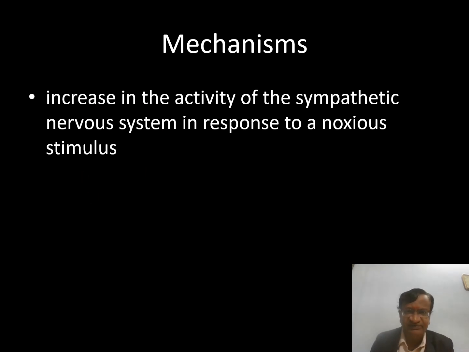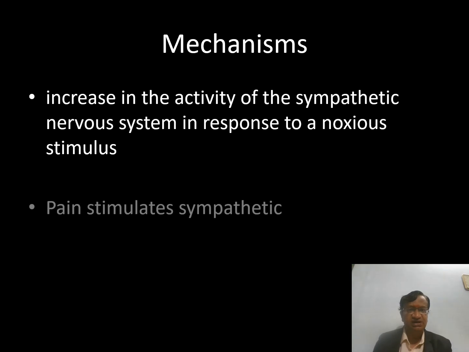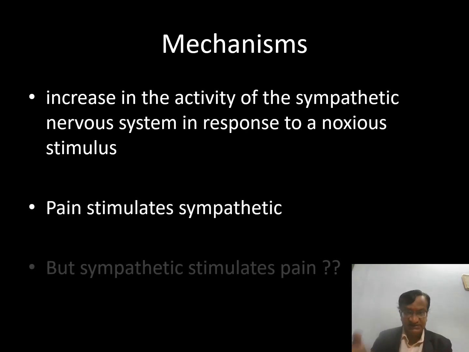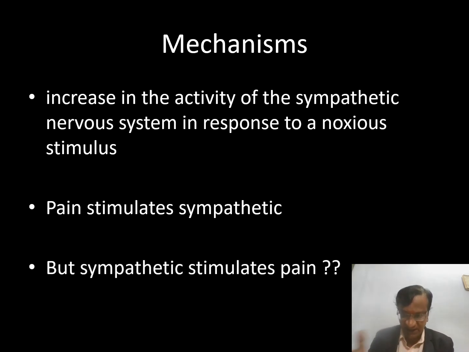Increase in the activity of the sympathetic response. Pain stimulates sympathetic, we all know. But here, sympathetic stimulates pain. That is why there is an afferent sympathetic coupling stimulated in patients who are susceptible to CRPS.